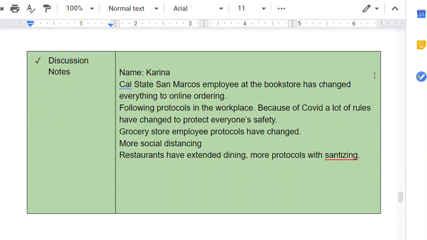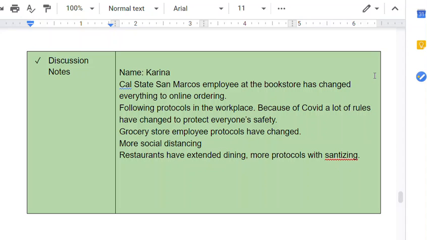Hi, I'm Gabby. In our breakout room, we discussed where everyone works, what everyone's job is, and how we've had to change our roles to fit COVID protocols and how we deal with customers.